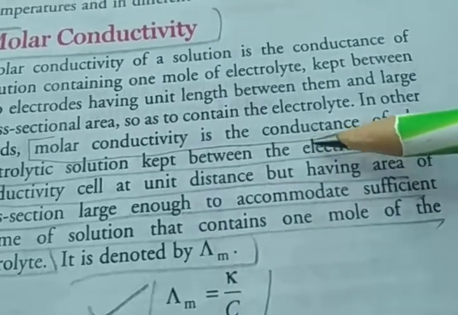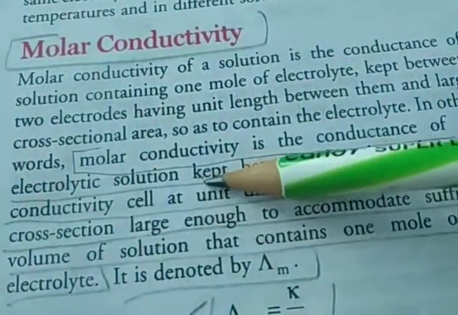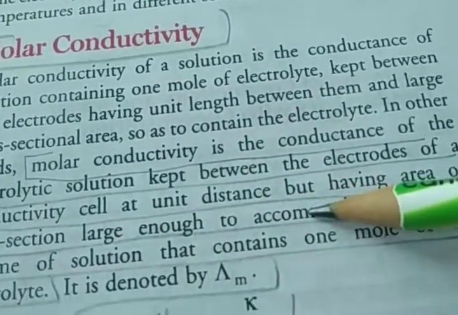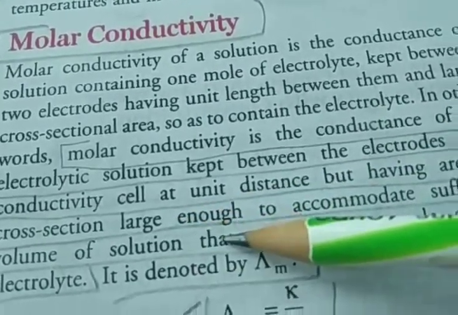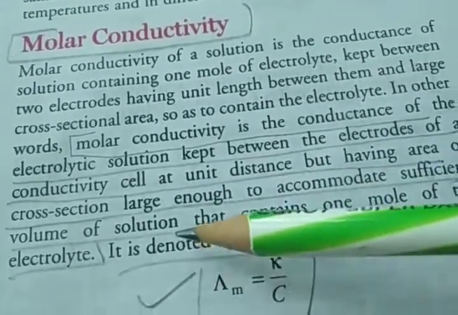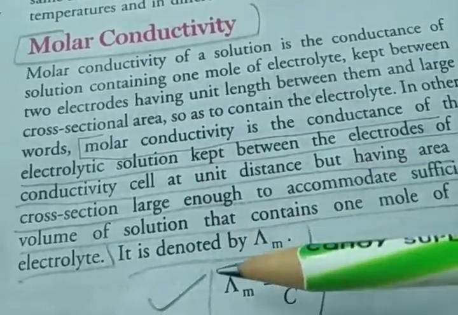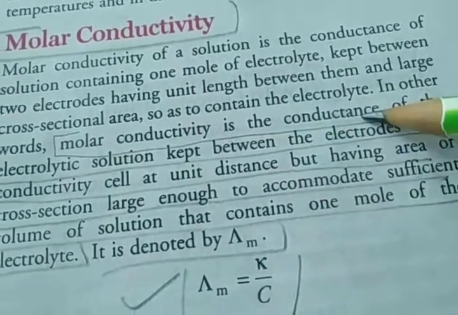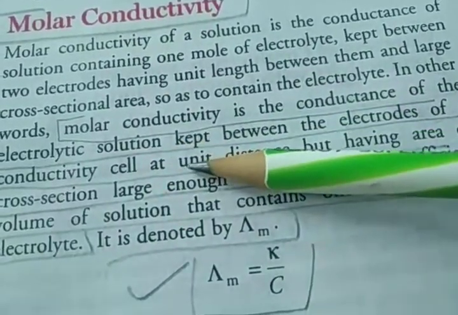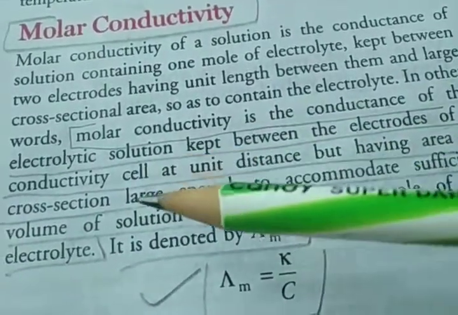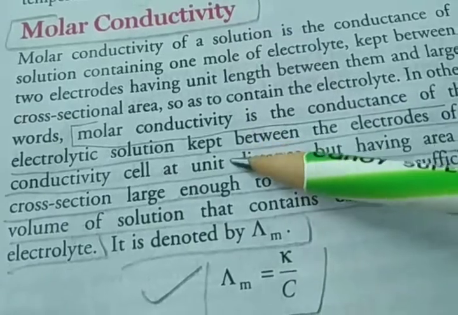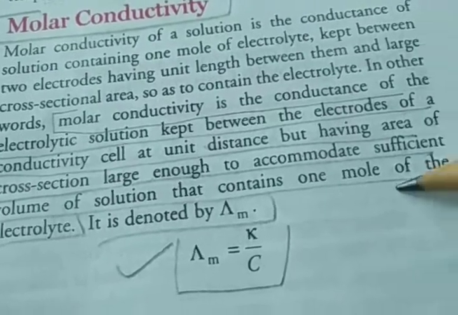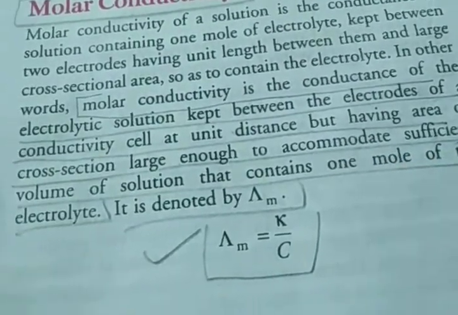Molar conductivity is the conductance of the electrolytic solution kept between the electrodes of the conductivity cell at unit distance, but having an area of cross section large enough to accommodate a sufficient volume of solution that contains 1 mole of the electrolyte.